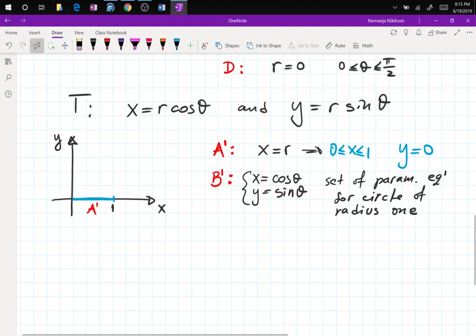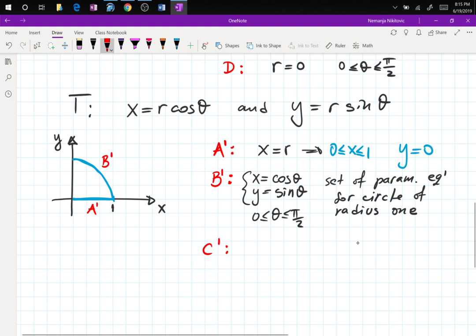And that circle is that theta goes from 0 to pi over 2. So this circle here now is going to be the quarter circle, because we have to end at pi over 2. X equal cosine theta, y equal sine theta is the unit circle if it goes from 0 to 2 pi. But it goes only to pi over 2, so we have to chop it up at pi over 2. So this is your transformation for b prime.